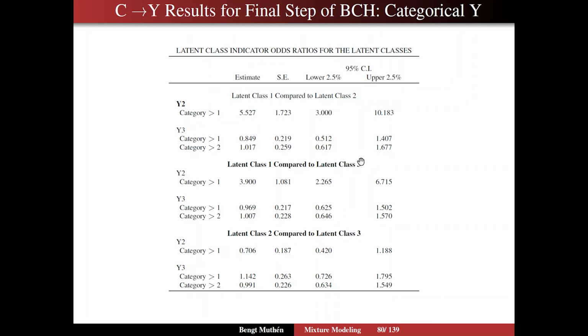So this is class 1 compared to class 3, class 2 compared to class 3. We have insignificance for Y2 as well as for Y3. So it's class 1 that is the one that has most of the effect here on the distal outcomes.